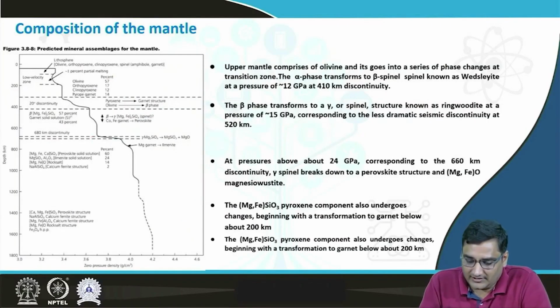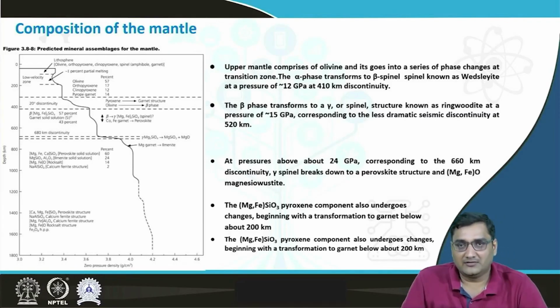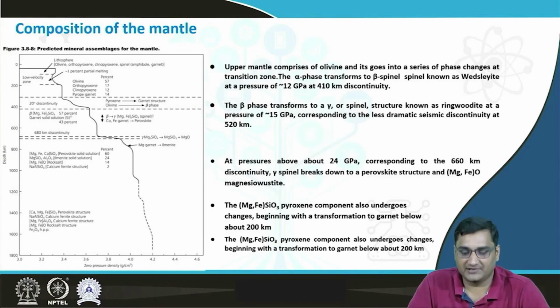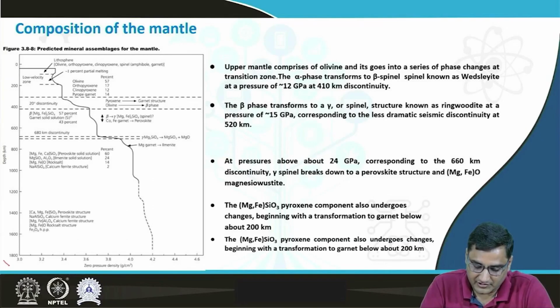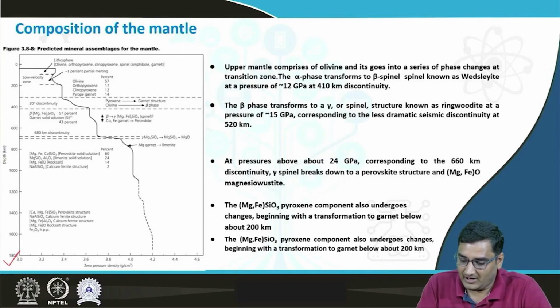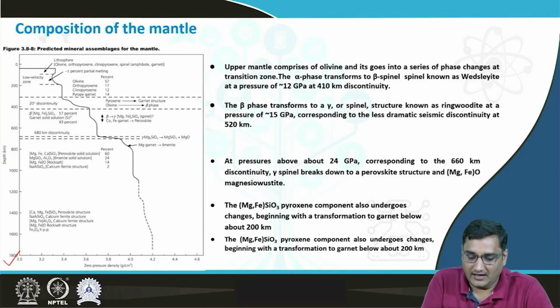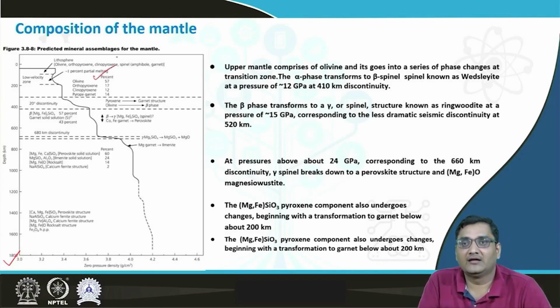So this is what is indicated in this particular mineral assemblage for the mantle, and it gives a much more detailed view of what kind of composition is present at various depths in the mantle, at least up to 1800 kilometer depth. So the upper mantle, as we have seen, mostly comprises olivine, and this goes through a series of phase changes at the transition zone.